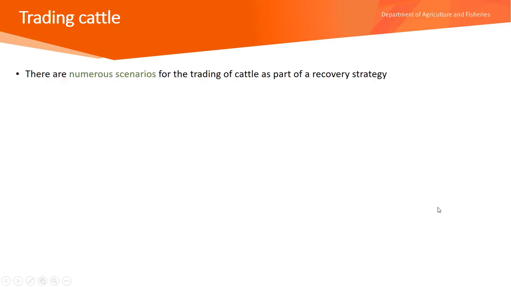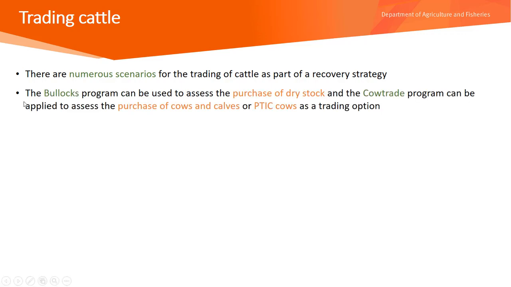Trading cattle, let's think about trading cattle. There's numerous scenarios for trading cattle. You can buy nearly every class of cattle imaginable. We can look at this option of trading cattle in either the bullocks program, which we've looked at previously when we're looking at destocking cattle, or the cow trade program.